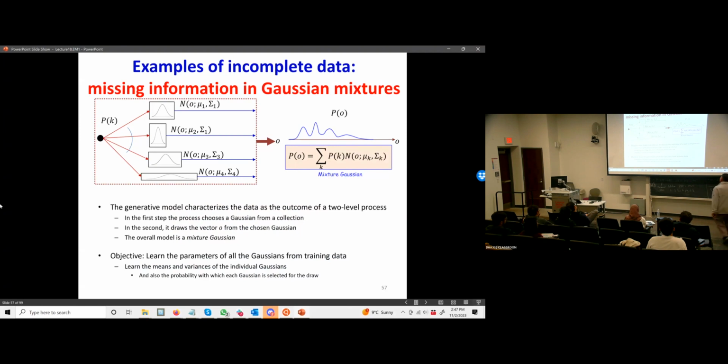And the probability of getting any particular outcome O is the sum over all Gaussians of the product of the probability of choosing the Gaussian times the probability that that particular Gaussian could generate the given observation O, which is simply a standard Gaussian distribution with the mean and variance for that Gaussian, right? And now our objective is to estimate these means and P of K given just a collection of observations O.